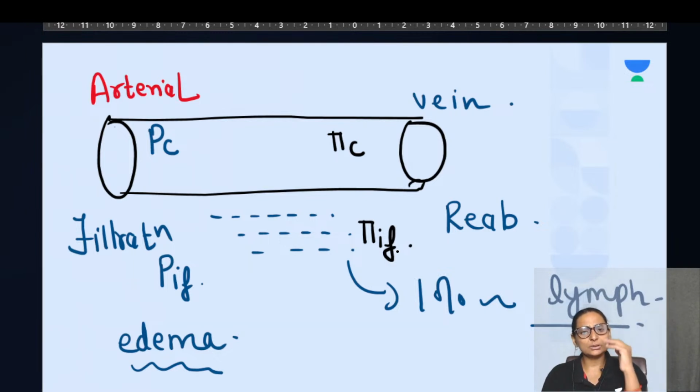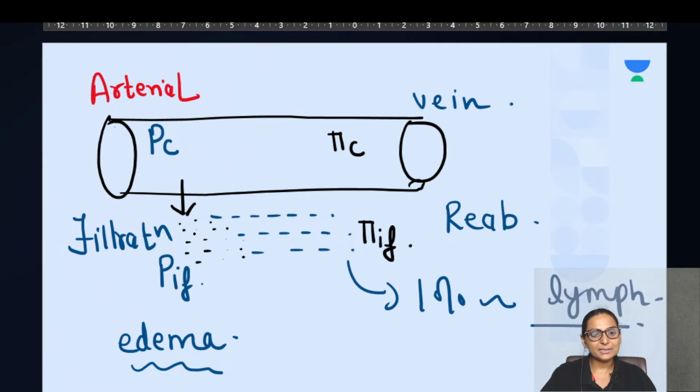Now the answer or the theory understanding becomes very easy. If the hydrostatic pressure is increased, there will be increase in filtration, because the hydrostatic pressure is a pushing force and it will push the fluid out from the capillaries into the interstitium. If you increase the colloidal osmotic pressure, it will pull the fluid into the capillaries.